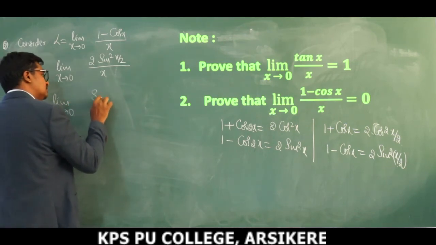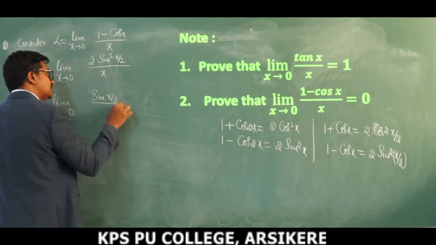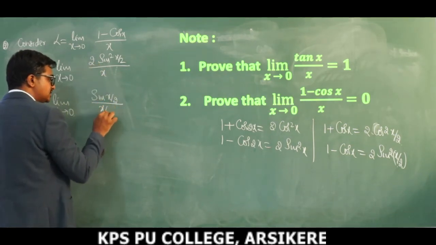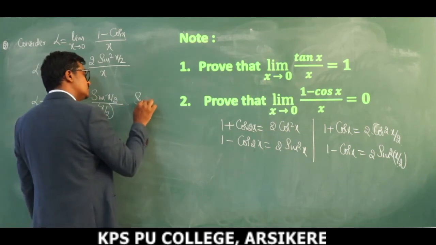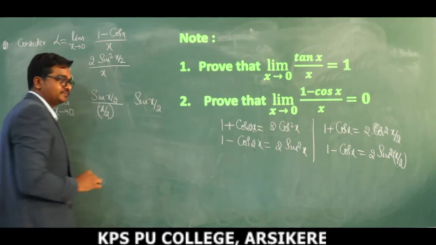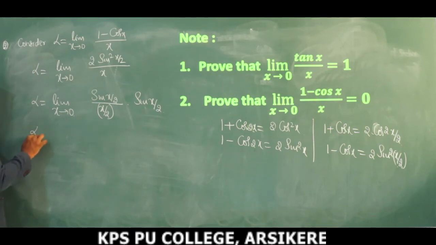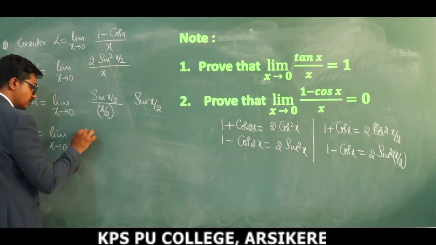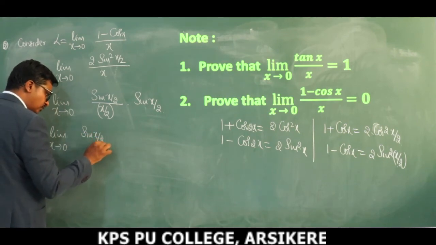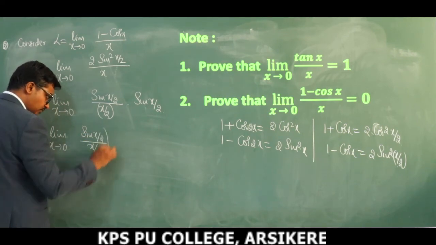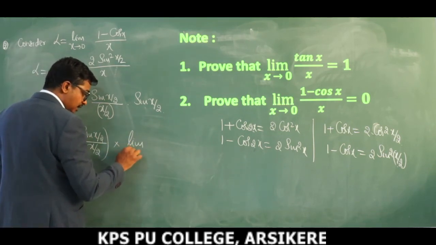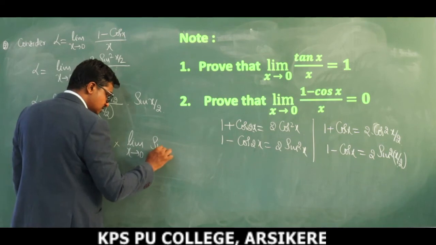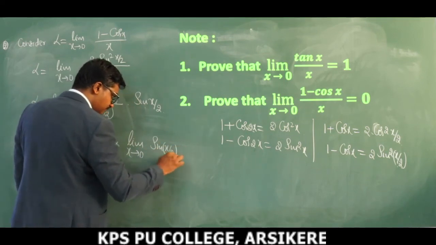First one becomes sin of x by 2, this 2 comes to the denominator, that becomes here x divided by 2, into sin of x by 2. Limit as x approaches to 0 of sin x by 2 divided by x by 2, into, for the second term, limit as x approaches to 0 of sin x by 2.